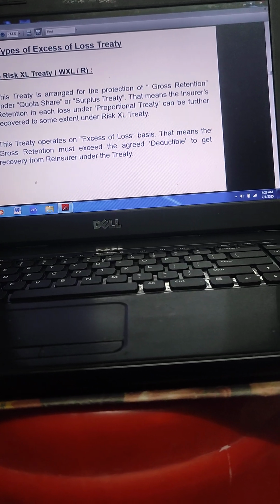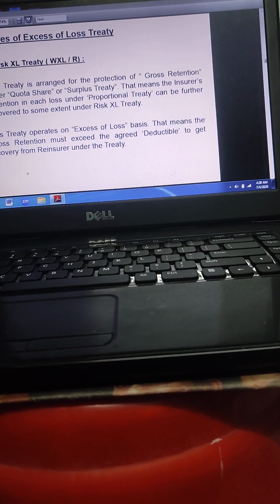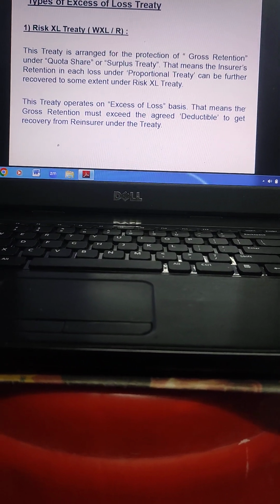A type of excess of loss treaty is the risk excess of loss treaty. This treaty is arranged for the protection of gross retention under the quota share or surplus treaty.